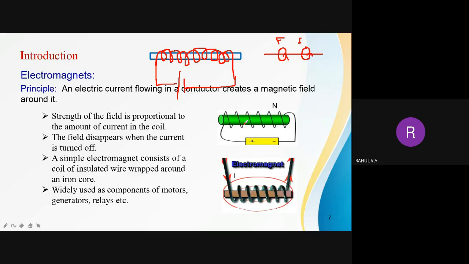And when we remove this supply, what will happen? Again its magnetic property is lost, because there is no current flow through that material. When current is flowing, there will be a magnetic field. When I am doing a winding using the same conductor, the magnetic field will have enough strength that it becomes a strong magnet.